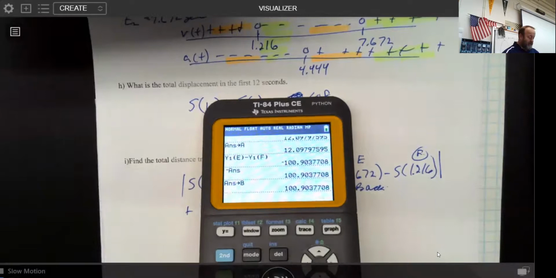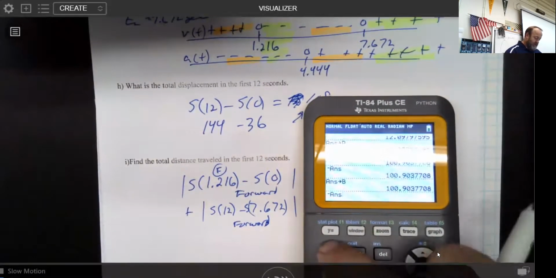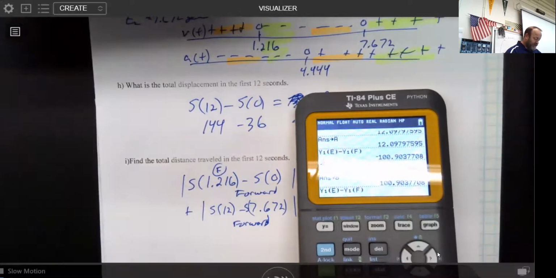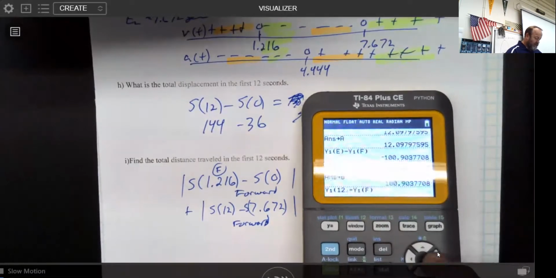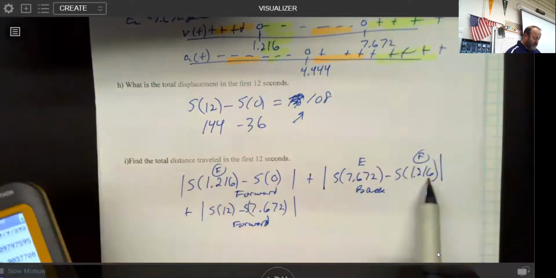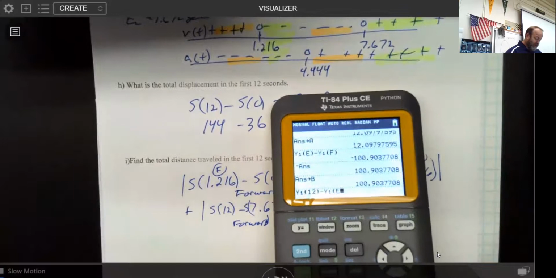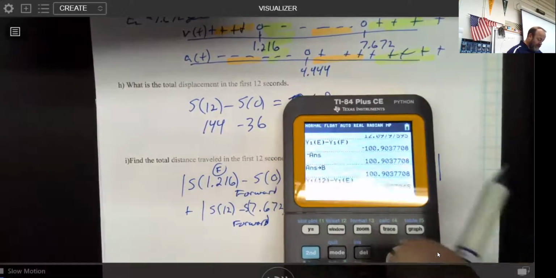And last but not least, I'm going to take and grab one more piece and I'm going to take S of 12 minus S of 7.672, which was letter E. And I got 1.96805. I'm going to store that as alpha C.